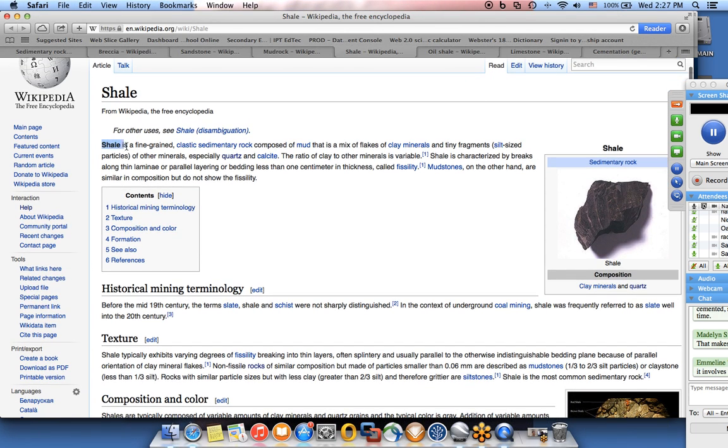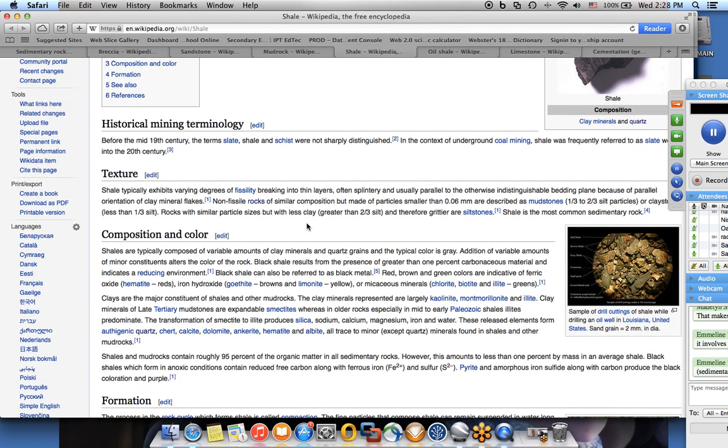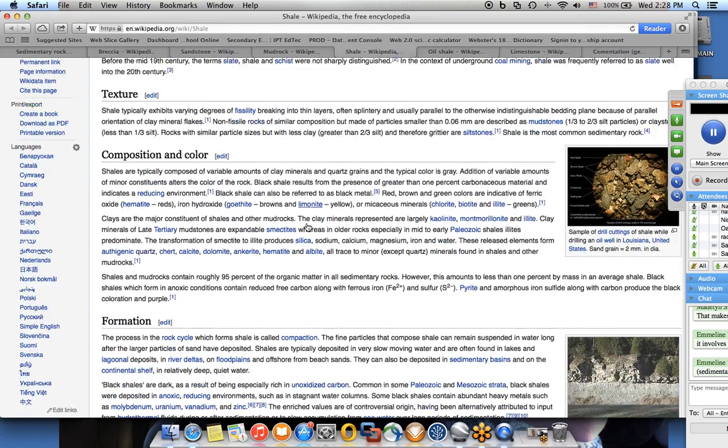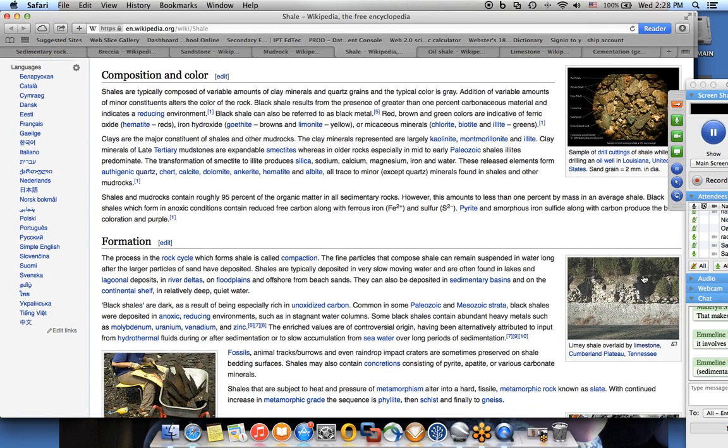So shale is a fine-grained clastic sedimentary rock composed of mud that is mixed with flakes of clay minerals and tiny fragments, silt particles. So shales are mud that has both clay and silt mixed together. And the characteristic of the shales is that they happen in layers.